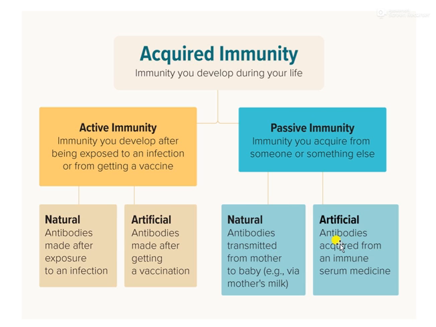Now, sometimes you can also have passive immunity transferred through artificial methods. What is the artificial method? The antibodies are acquired from an immune serum medicine. In the case of COVID-19 itself, we have serum therapy.